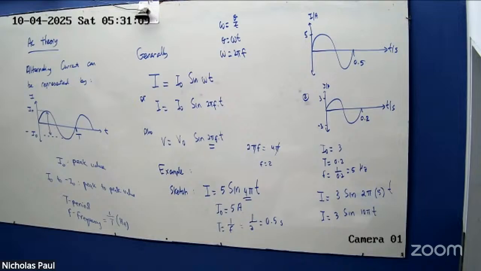We need a single value, within brackets average, a single value that can be used in place of this alternating supply.